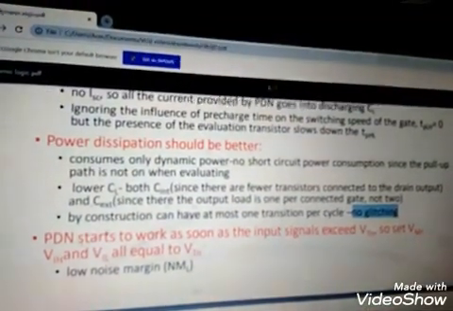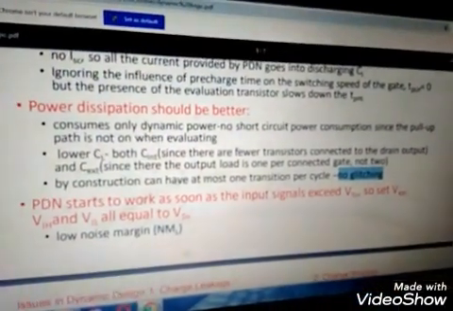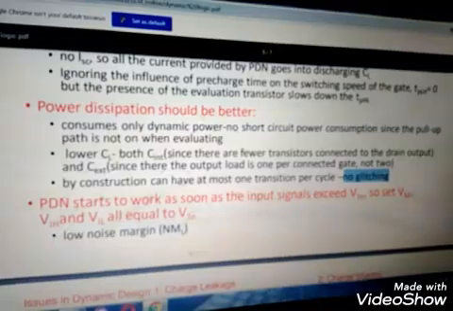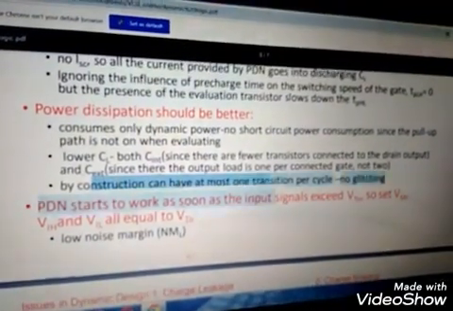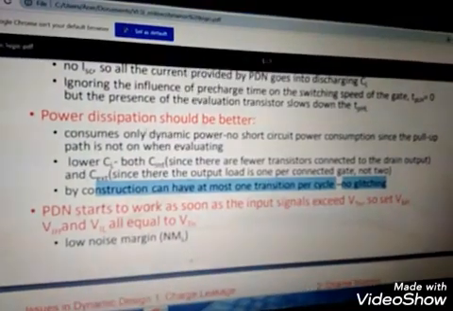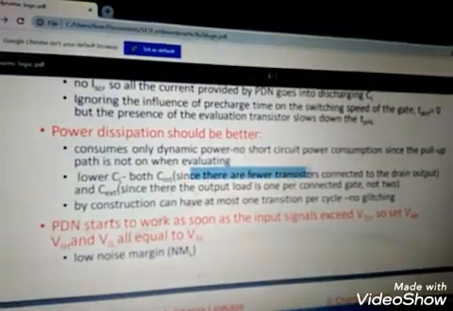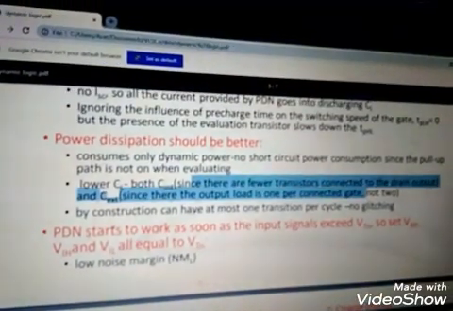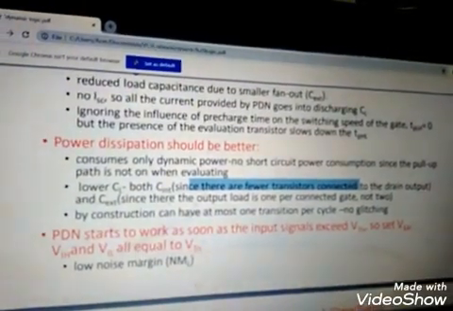So glitching is nothing. Glitches are the unwanted signals, so which is going to be raised. So we have studied about static dynamic glitches. So here with this glitching concept, as well as only dynamic power utilization, and fewer transistors are going to be used. If fewer transistors are used, then power consumption is also less.